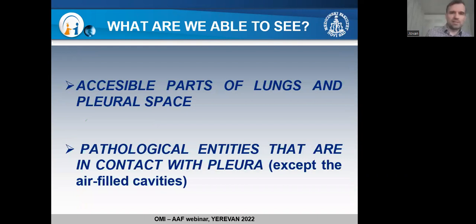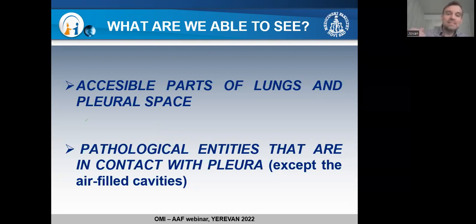Let's start with this. What are we able to see when we use lung ultrasound? First of all, we are able to see only accessible parts of lungs and pleural space. What does it mean? For example, you cannot approach the mediastinal part of the lungs. And even in those accessible parts, we will see only pathological entities that are in contact with pleura, that are abutting the pleura.